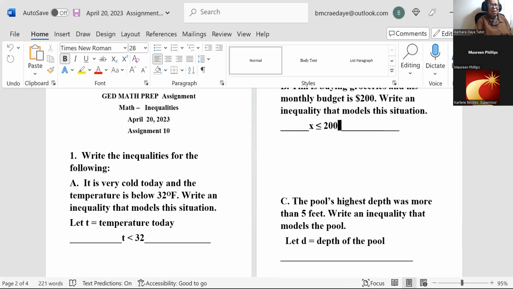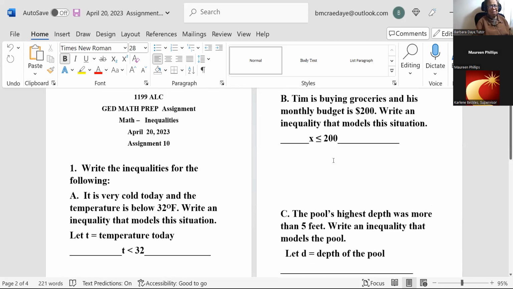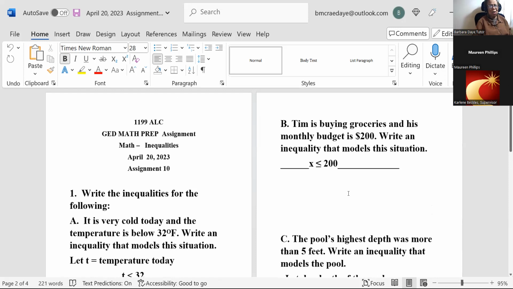Well, what does that mean? This is not a compound inequality. This is simple. Remember, you don't use or and and unless you have a compound. So this wouldn't be an or. This is just a simple inequality. And if the budget is 200, that means you can spend 200. You can spend less than 200, but you can't spend more, right?